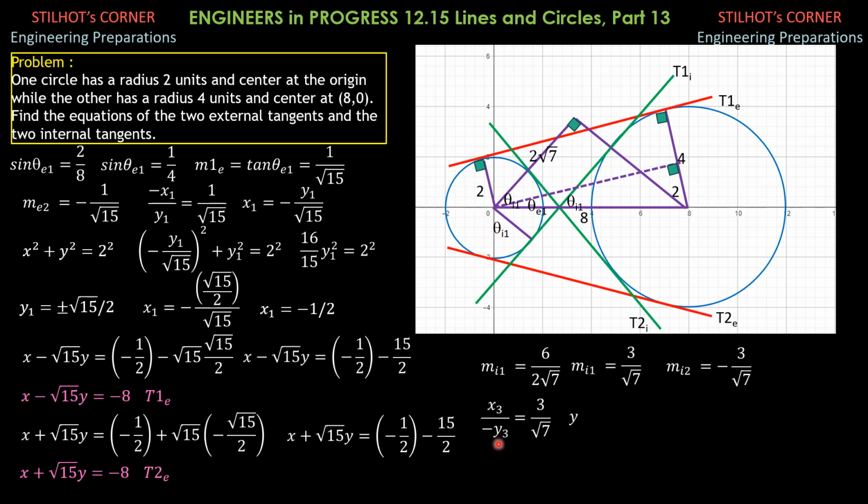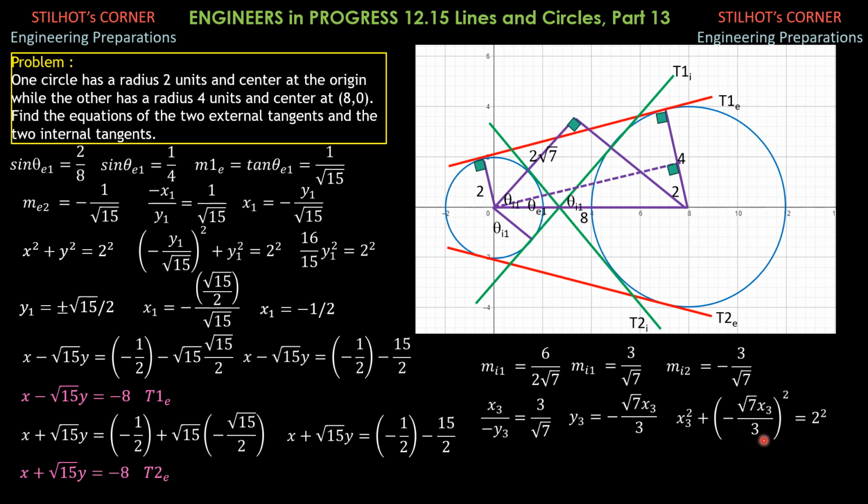So we anticipate that. So y3 is negative square root of 7 x3 over 3. Then we substitute that into x3 square plus y3 square equals radius square, 2 square. We just replace x by x3 and y by y3 quantity square.